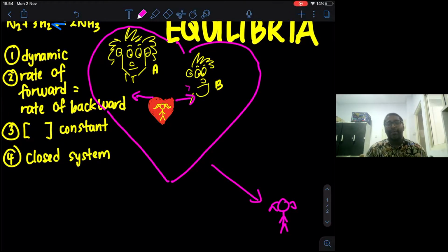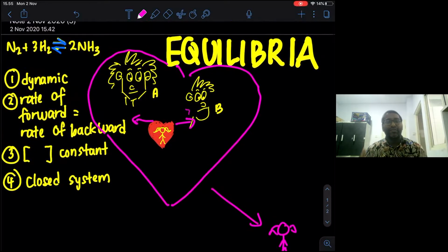So the way they are approaching is going to be different when something changes. So when you change a system in equilibrium, a new equilibrium is going to be achieved. How can it be done? It can be done by shifting the position of the equilibrium, which we will learn later.